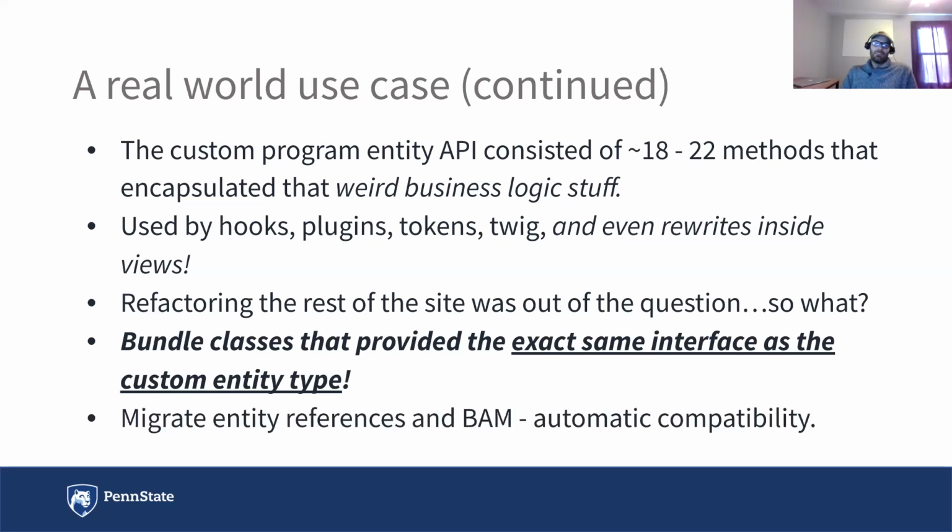So really all we had to do was create the new single page app like thing, migrate the entity references, and the rest of the site just continued to work as it was. We didn't have to touch any of the other features that were relying on the API.